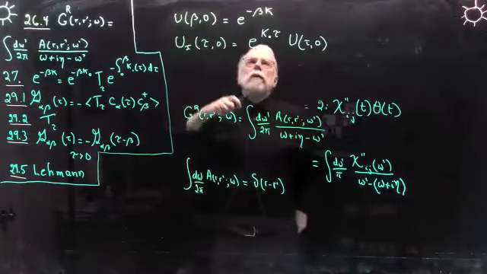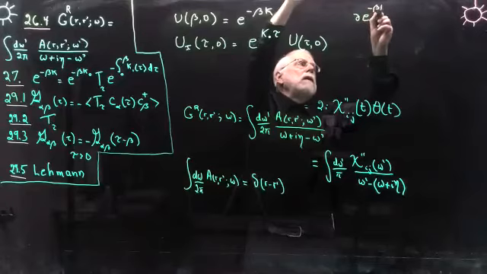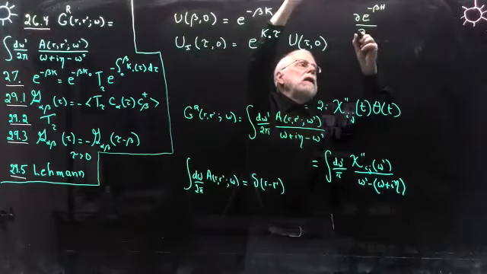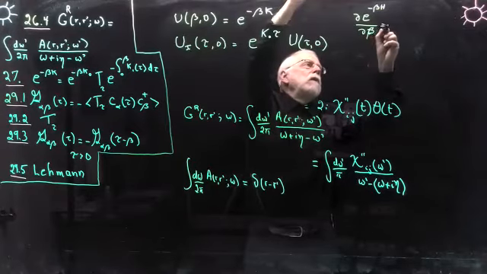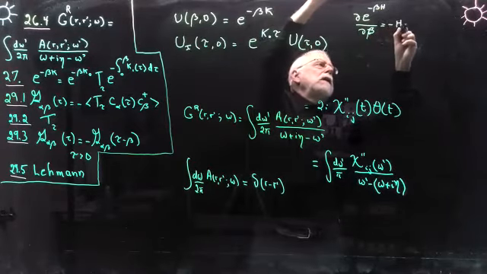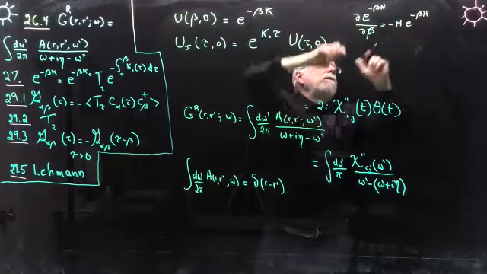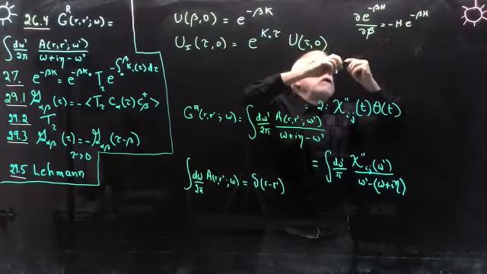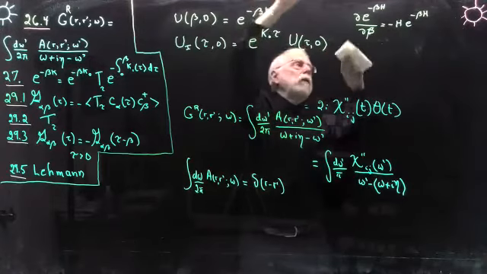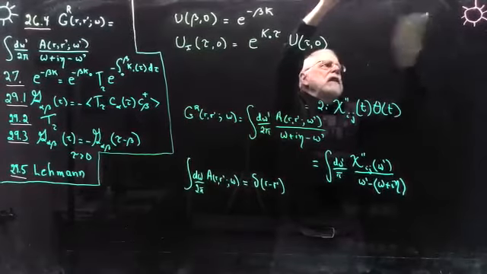Okay, why do I do that? Normally, I would write d of e to the minus beta h d beta is equal to minus h e to the minus beta h. So if that's the equation of motion, I know this is the solution. So this is why we're working with these derivatives.